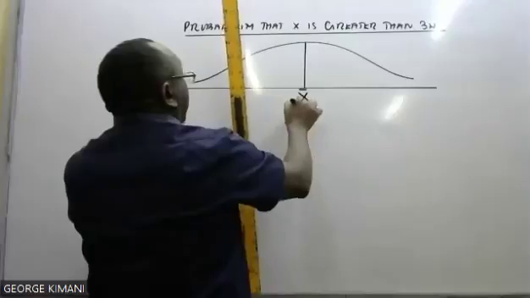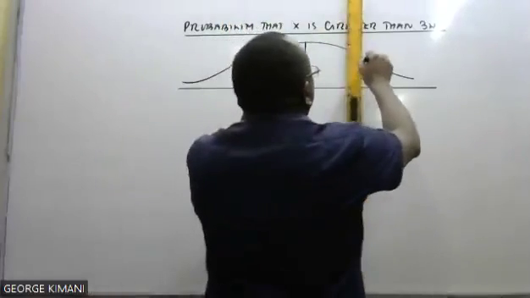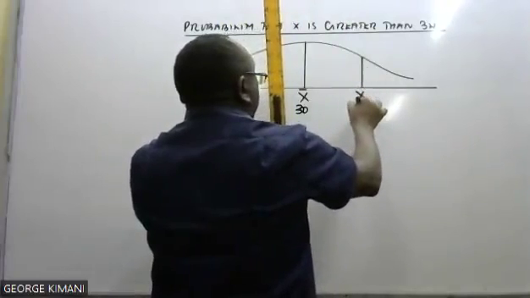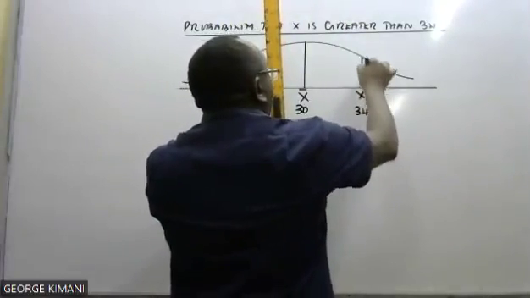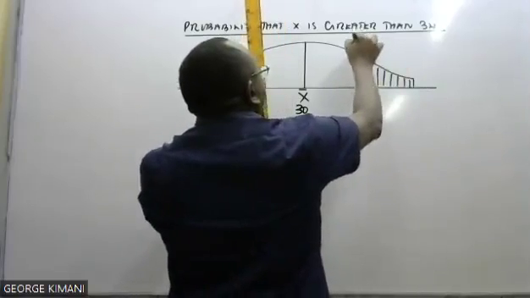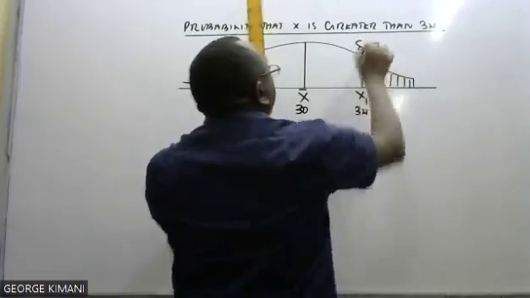This is 30. This is X1, that is 34, greater than. Standard deviation is 7.